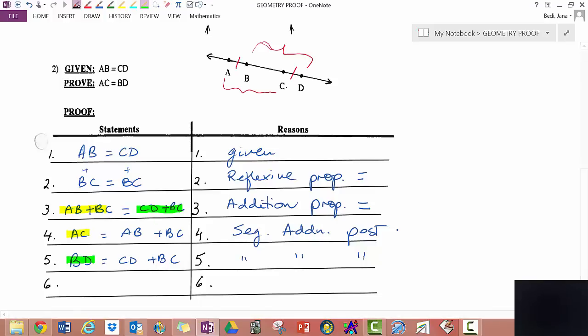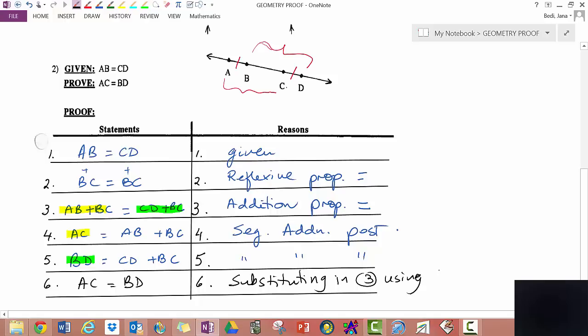So what I will get is that AC equals BD, substituting in statement 3 using statements 4 and 5. And one more time, you have proven what you started out to prove.